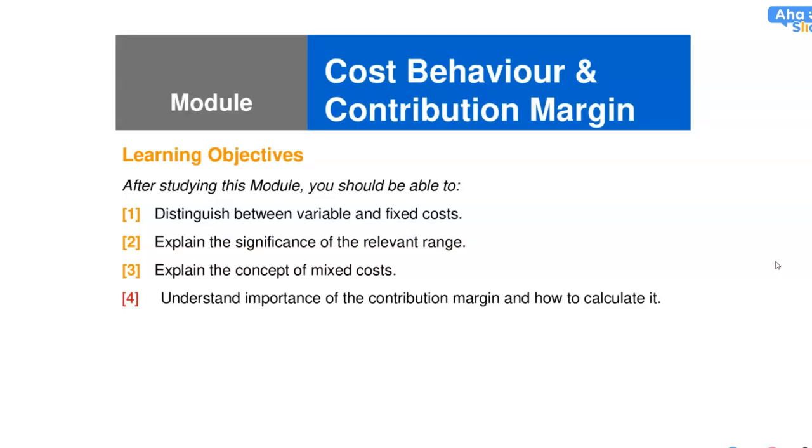And so therefore, in this module and the next one and the next one after that, we are going to be looking at cost behavior. If as managers we can understand how costs behave in relation to an activity, then if I increase that activity, which costs will increase and which costs will not increase?